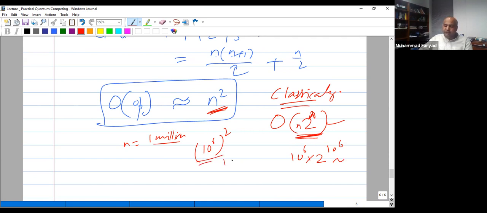So quantum is still like 10 power 12. So even if this one takes 1 microsecond and this takes 1 nanosecond, if this goes up by several hundred orders of magnitude, then this 1 nanosecond doesn't matter. Okay. Yes, sir. Thank you.